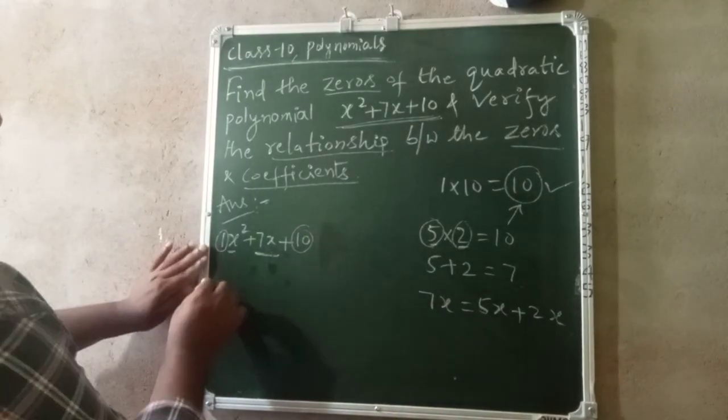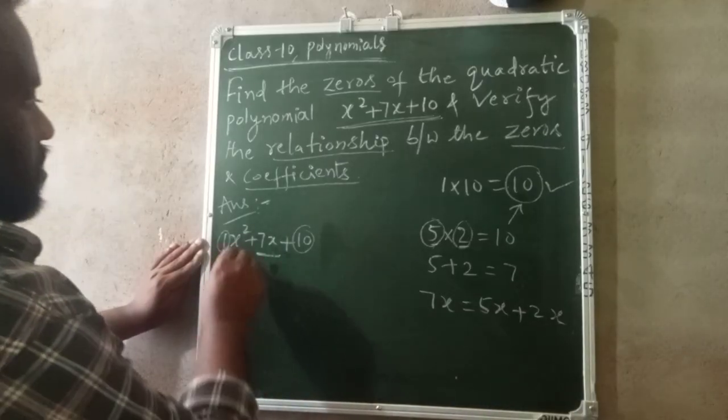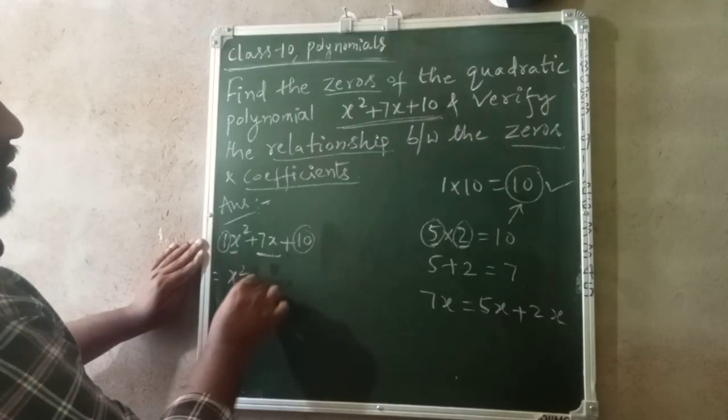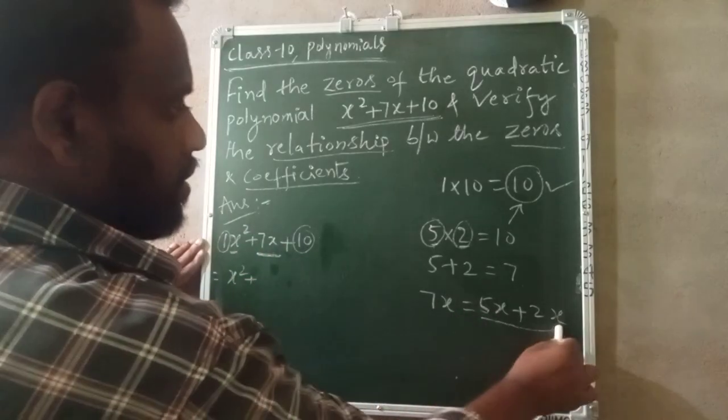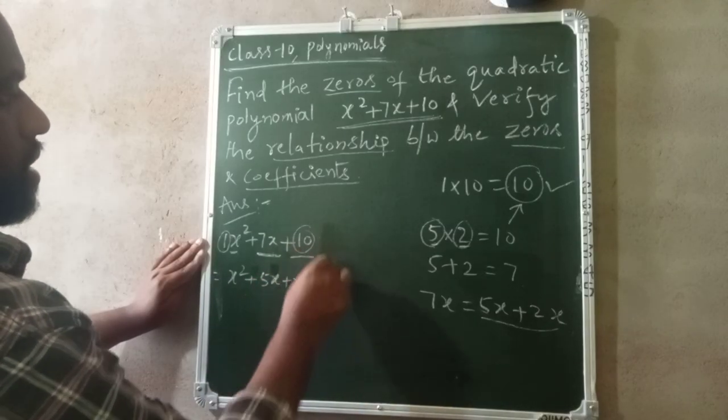I will write here below. So 1x square or just x square, both are same. I will write x square as it is. So plus, in place of 7x I will write 5x plus 2x, and this plus 10 as it is.